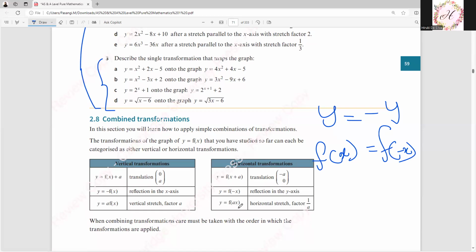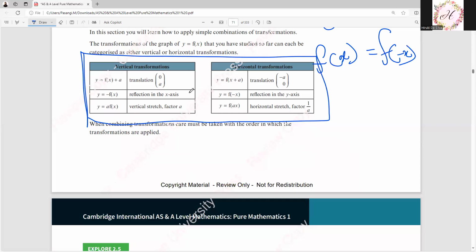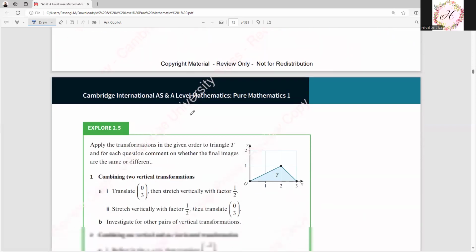For the function y equals f(ax), the horizontal stretch factor will be 1 over a. This is really important. It's a summary of whatever we have done so far. For the combined transformations, we can combine one or two transformations together and do the final one.